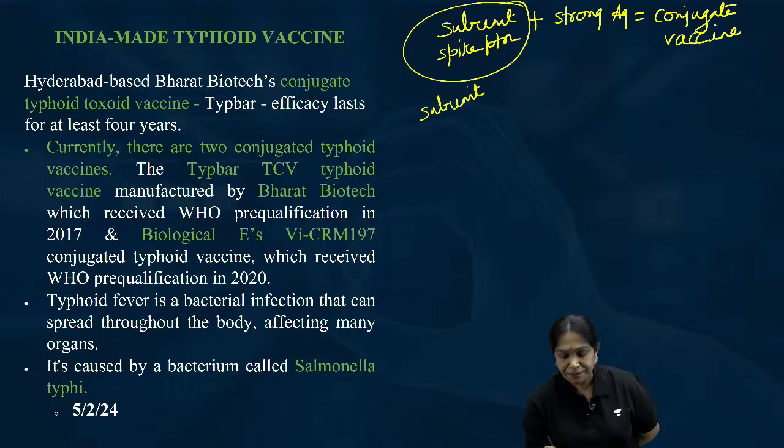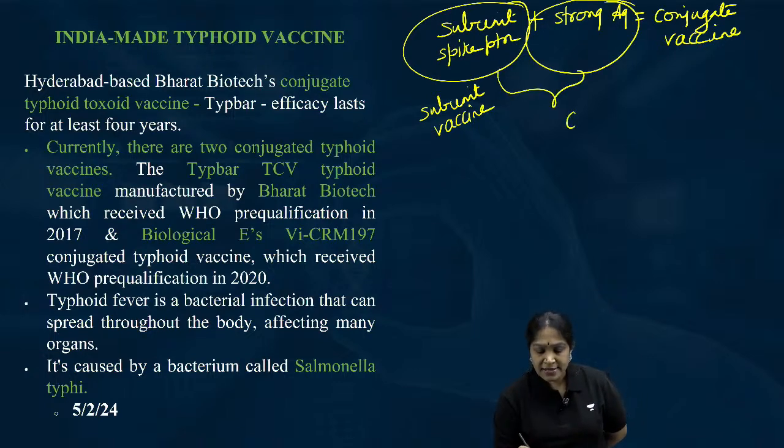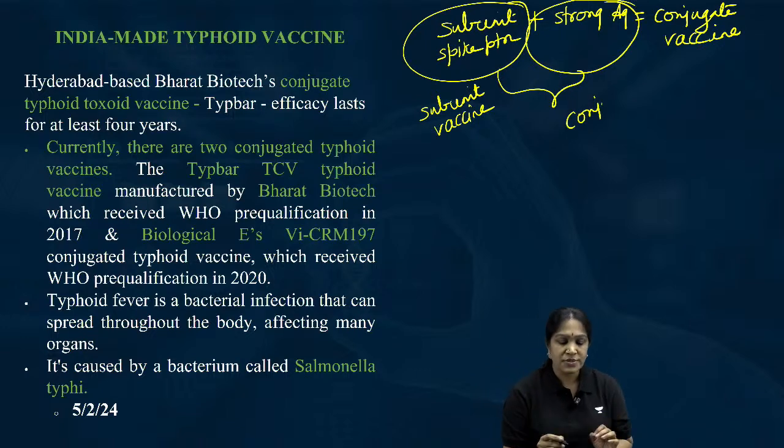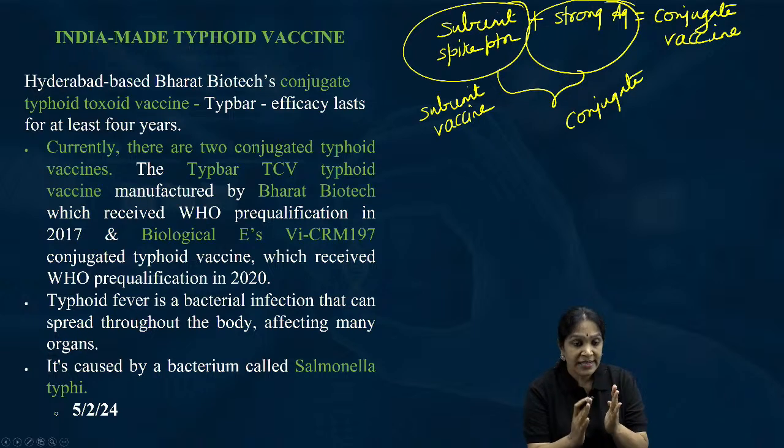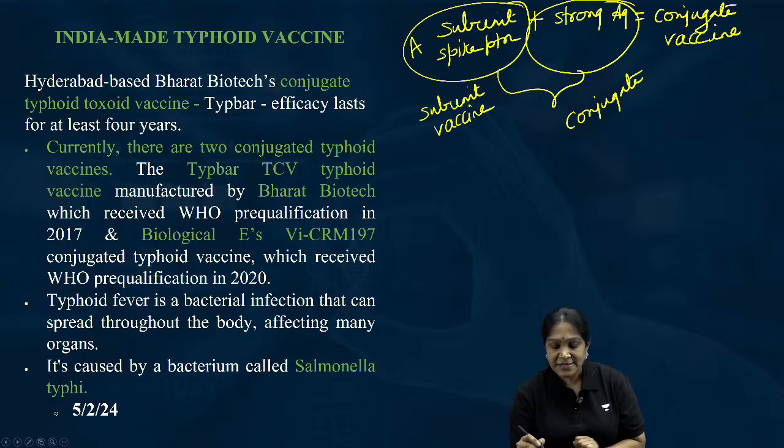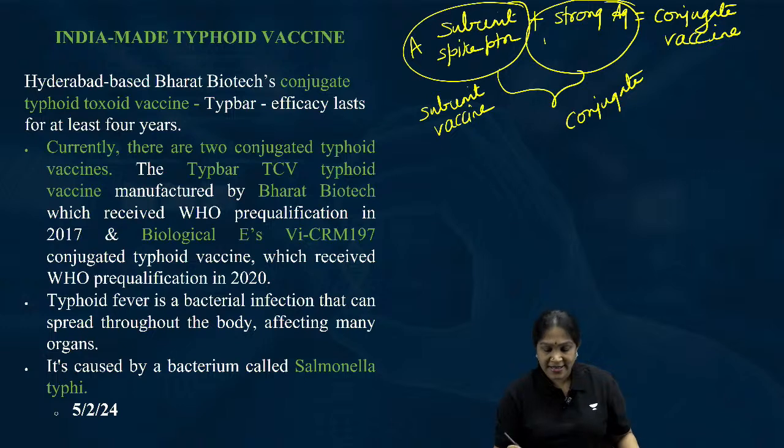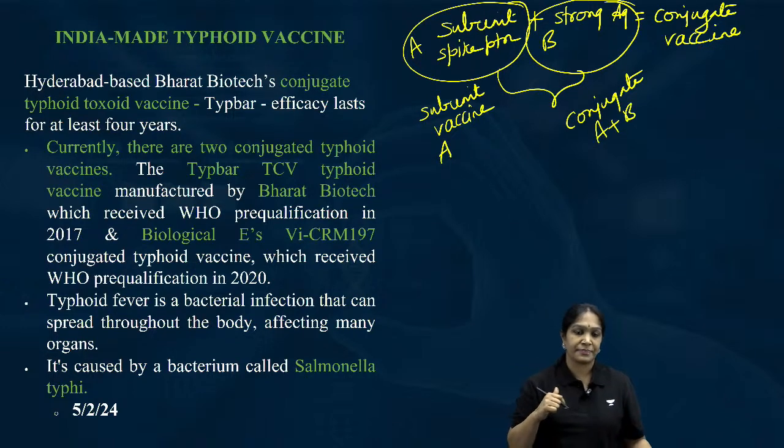But if I use this one plus this one together, then it is called a conjugate vaccine. Let us suppose A is subunit vaccine. A plus B is conjugate vaccine.